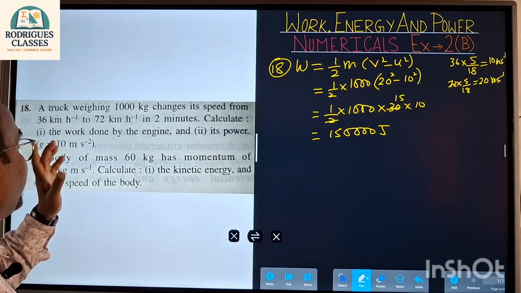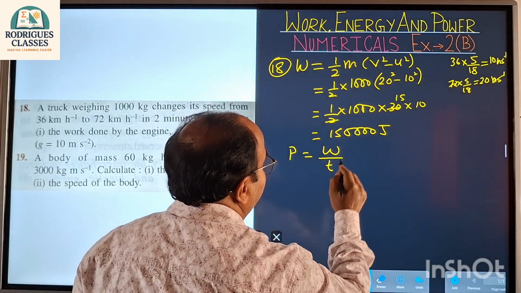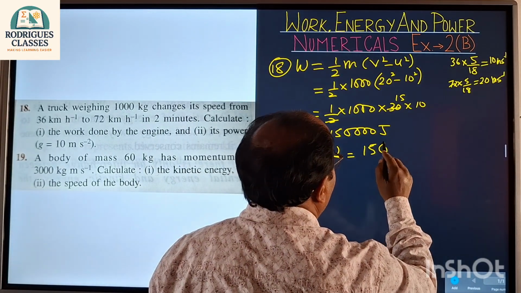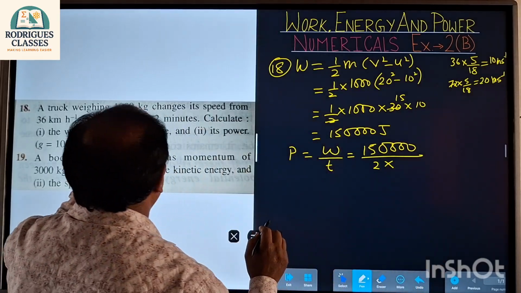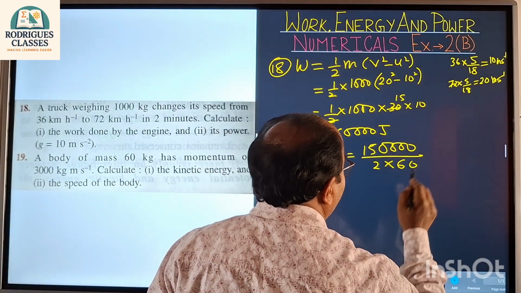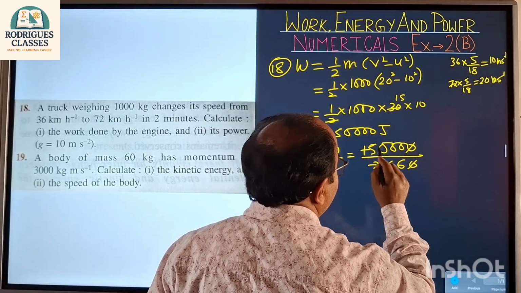Now it is told to find the power. So we know that power formula is work done by time. I am going to write here 15, then 4 zeros divided by the time is 2 minutes. So I will do by 60. Okay, dividing this, let me cancel 0 with 2 first.